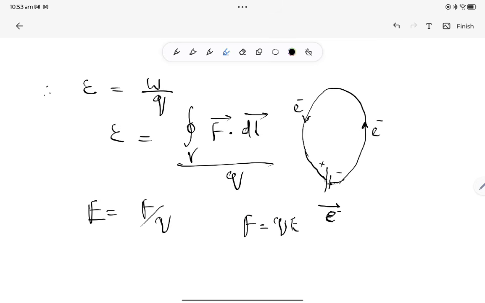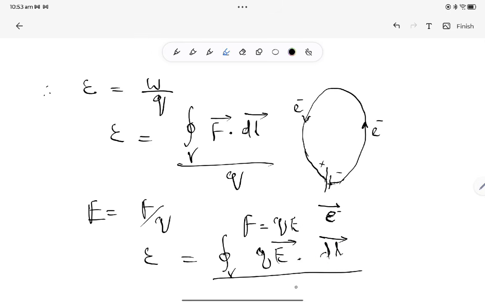When we substitute it here, we have EMF is equal to the loop integral of QE dot dl divided by Q. That gives us the integral of E dot dl. Just keep this in mind and let us move ahead.